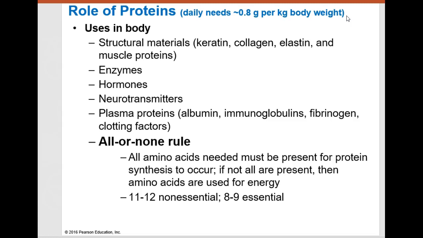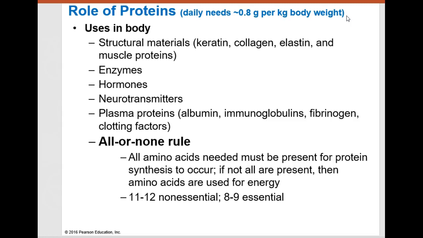The amount of protein that a person needs in a day is highly variable. It really depends on your gender, your age, your state of health, whether you're highly athletic or you're less athletic.